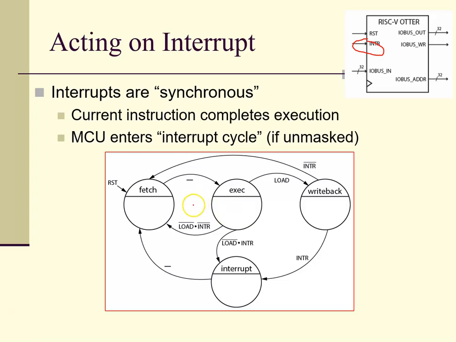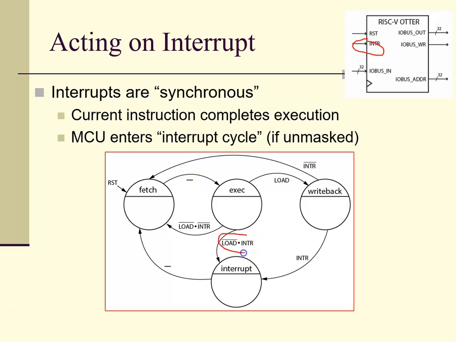And so what we don't want it to do is stop what we're doing right in the middle of an instruction and handle it. But what we choose to do, which everyone does, is that we finish the instruction we're executing before we handle the interrupt. And that's what this state diagram shows. So I get to the execute state.